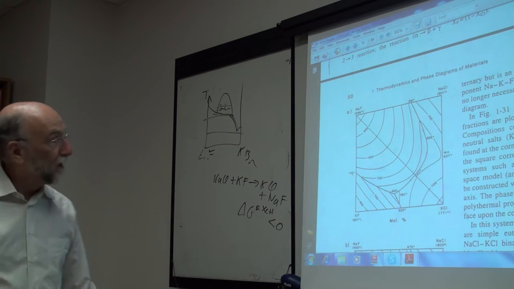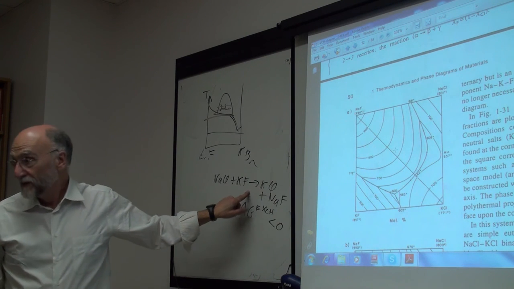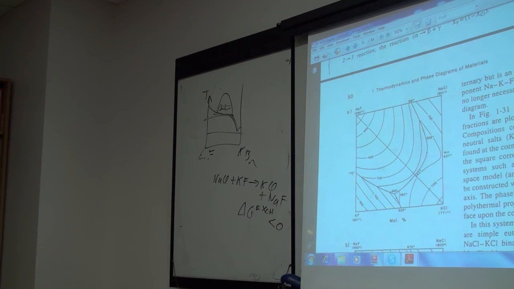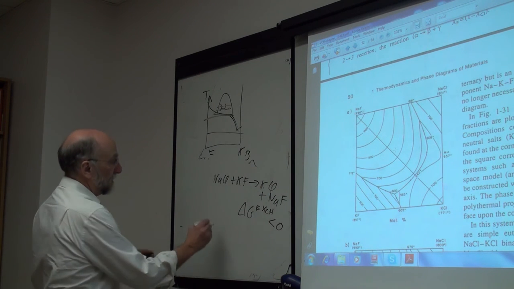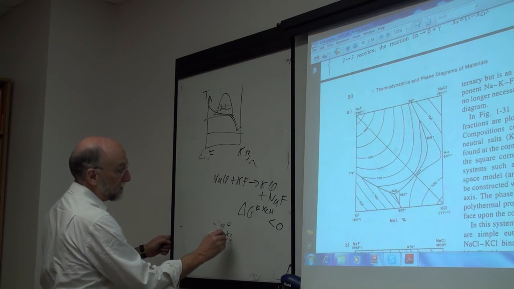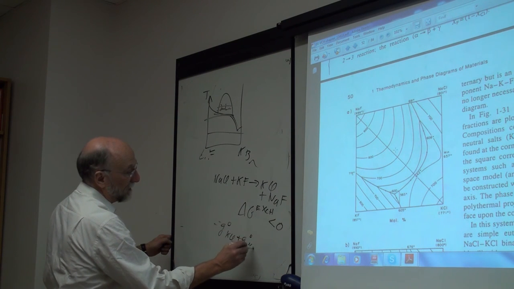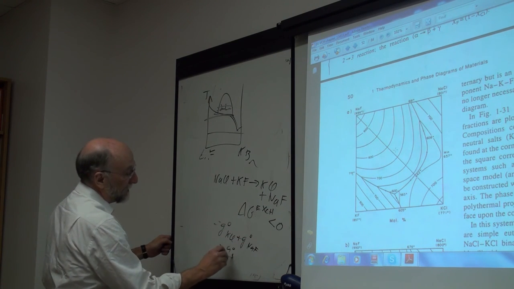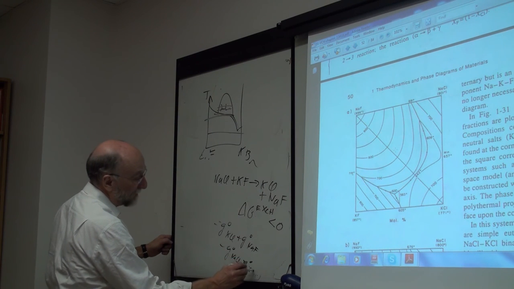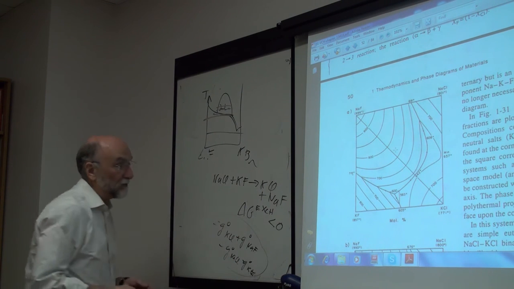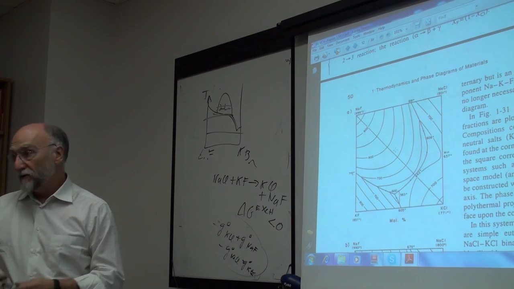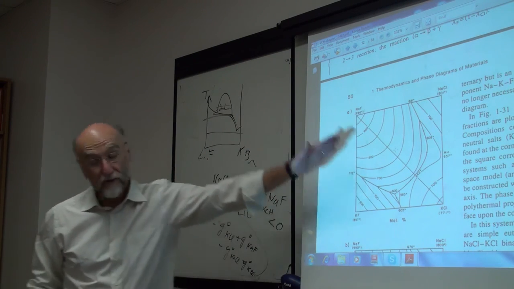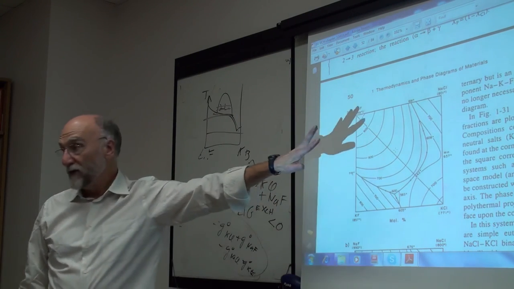Okay, and it's totally dependent upon the delta G of exchange. Or in other words, it depends upon the difference between the G naughts. The delta G of exchange then is equal to G naught KCl plus G naught NaF minus G naught NaCl minus G naught KF. And this is probably the most important parameter in your entire reciprocal model, because this is what determines this effect here, which is really, really big.